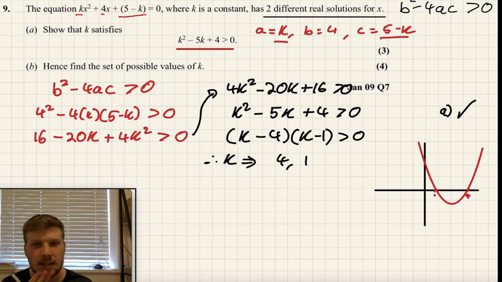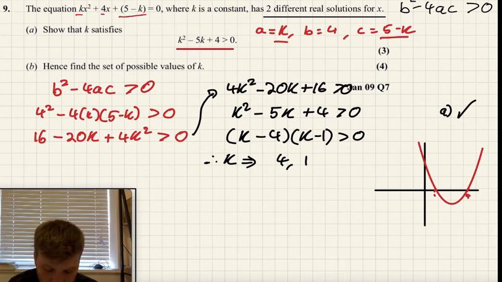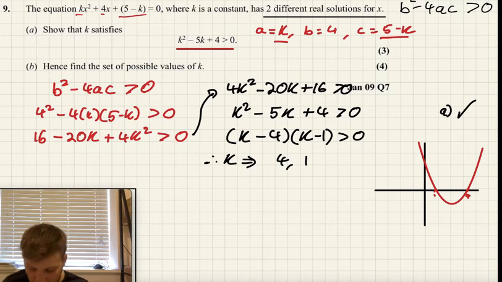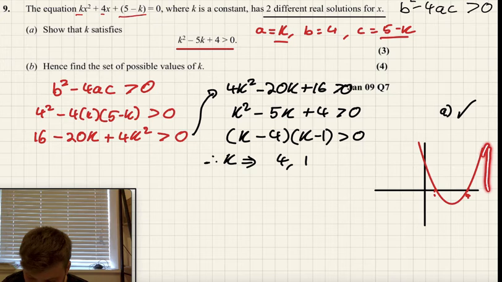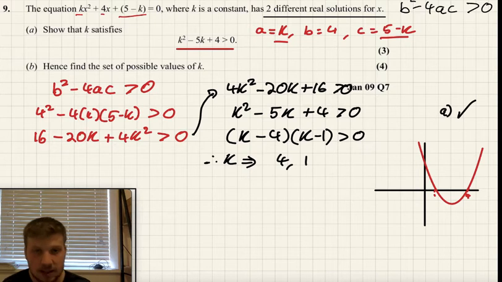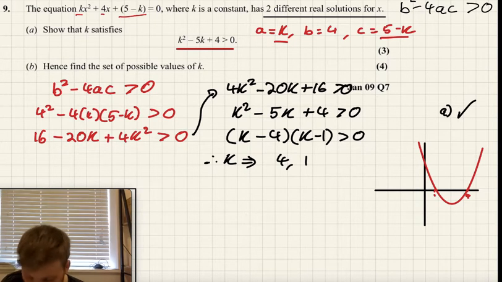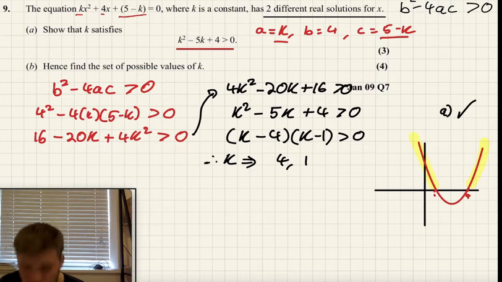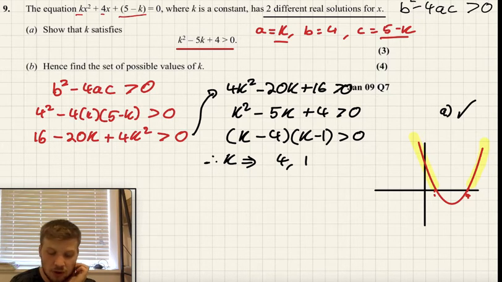And here we can see that if I refer back to the question, I want to know when this is greater than 0. The values which are greater than 0 are going to be all the values which are above the x-axis. So when looking at this sketch, I want the points which are greater than 4 and less than 1.